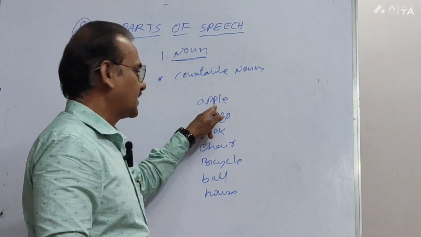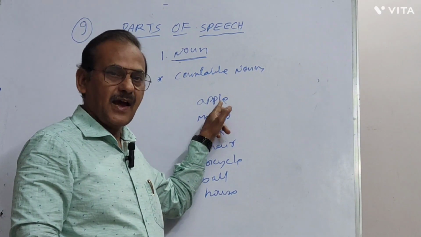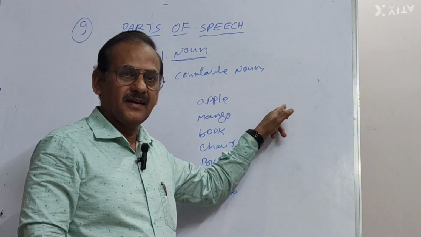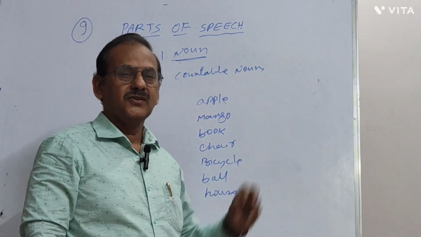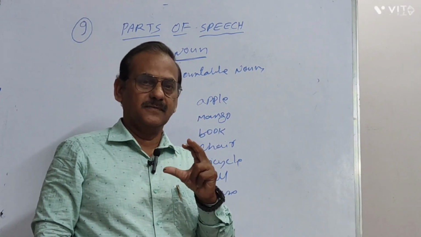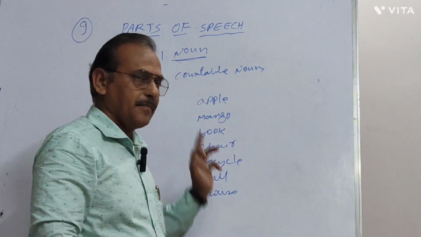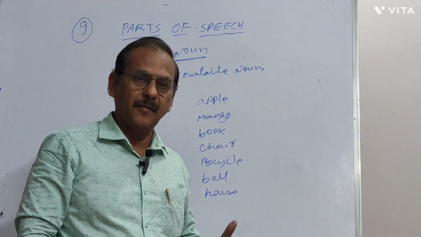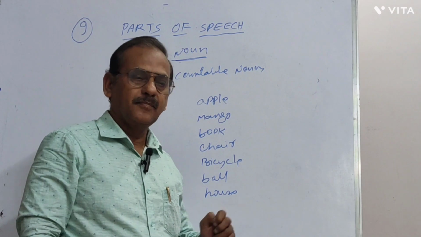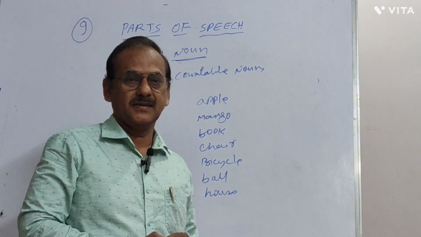For example, you take apple: an apple, 2, 3, 5, 10, 100, 1000. So they are countable. We can count. Next, you take mango. You can count them in number. And chairs, bicycles, balls, and houses.